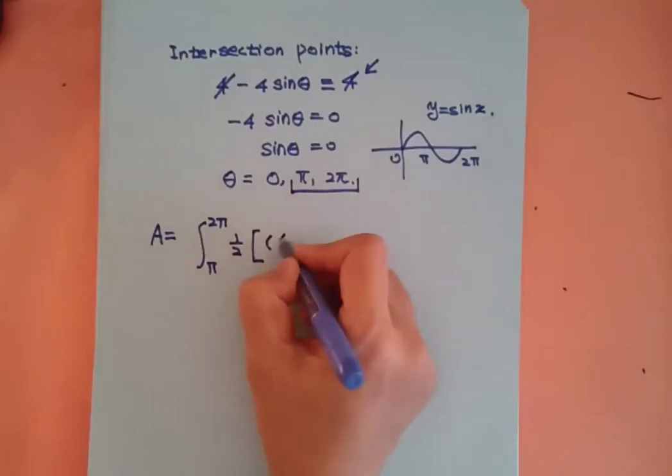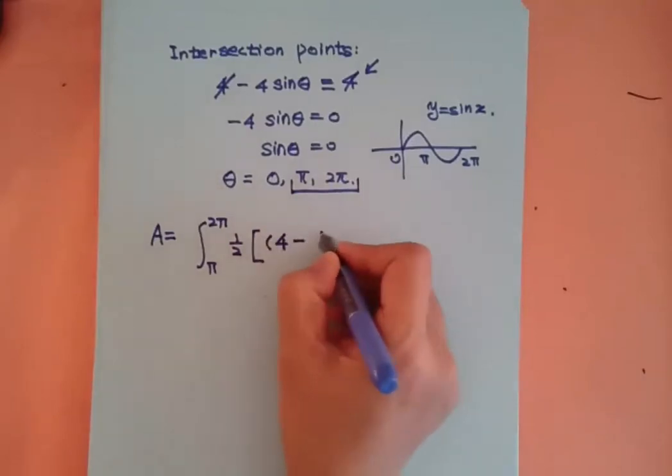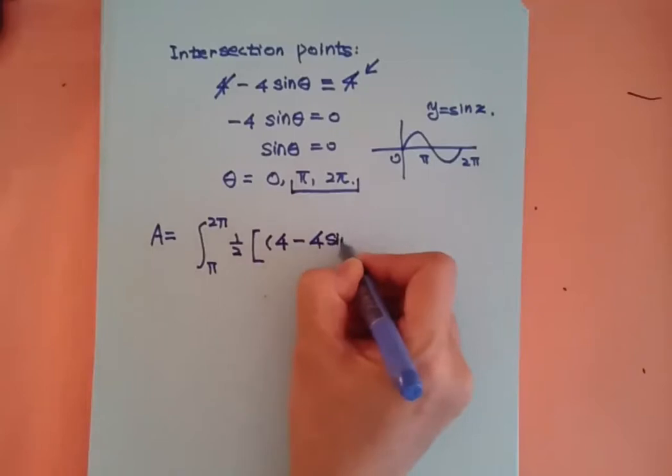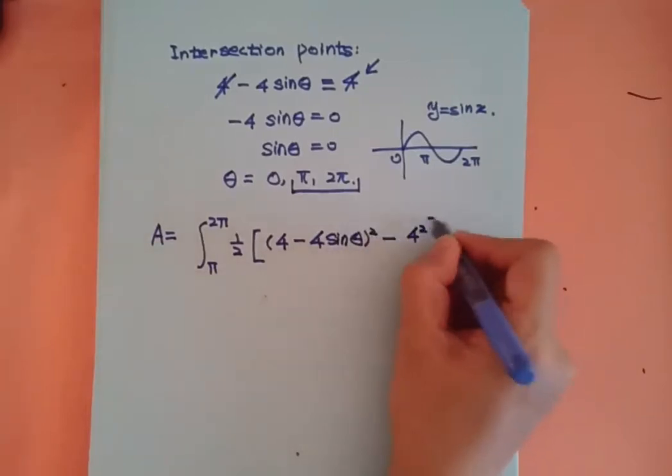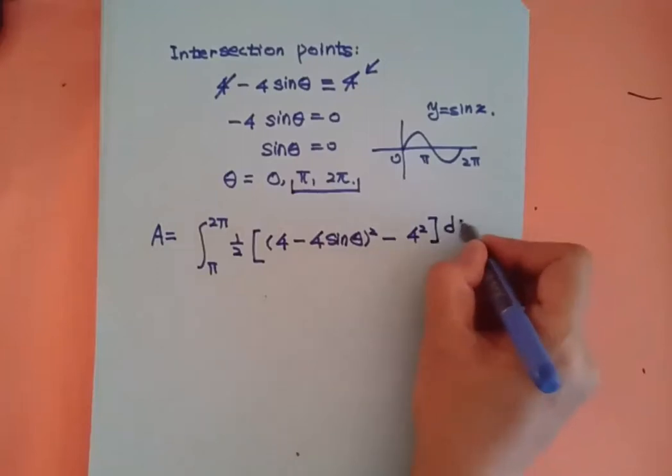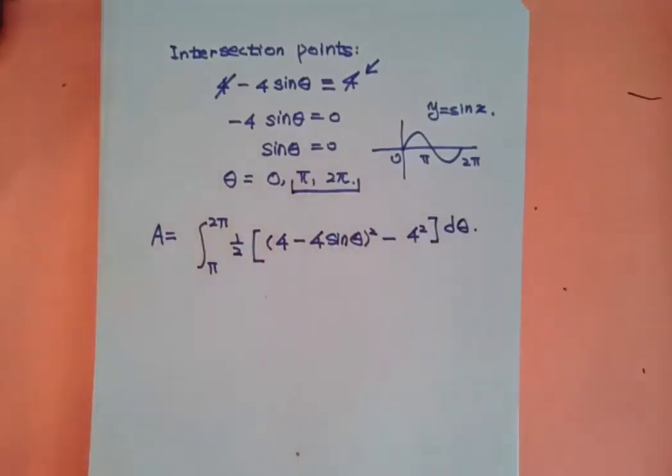The farther one was the heart-shaped curve. So (4 minus 4 sine of theta) squared minus radius squared, so 4 squared, d theta. Any question?